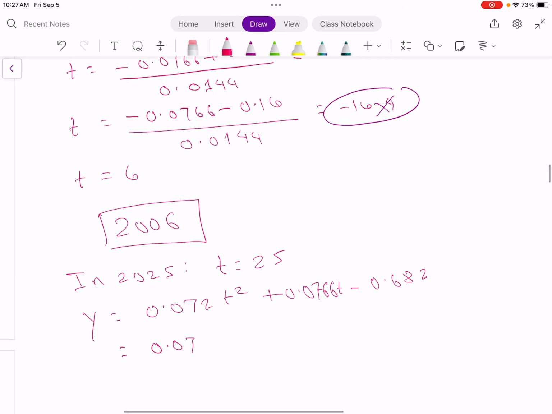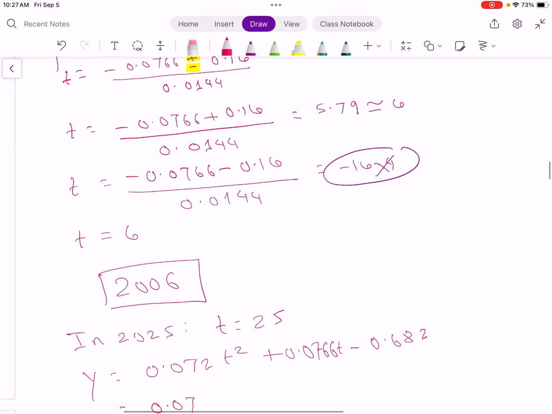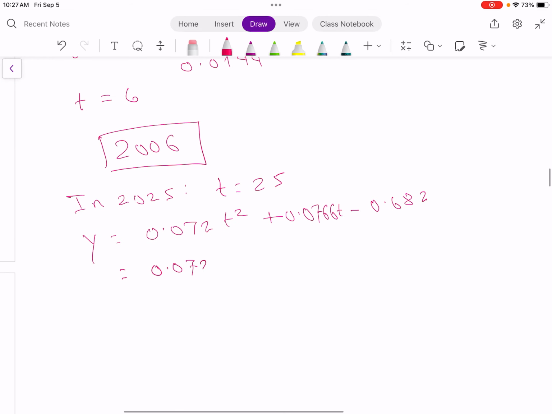Now let's substitute t equals 25. Is it 0.072? Yes, 0.072 times 25 squared plus 0.0766 times 25 minus 0.682. Now let's calculate.